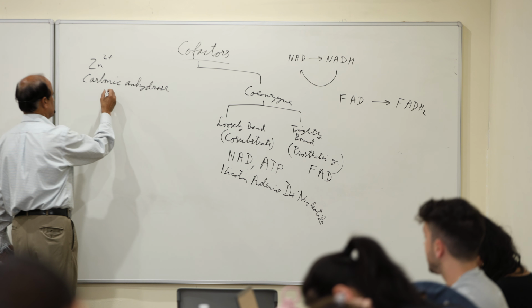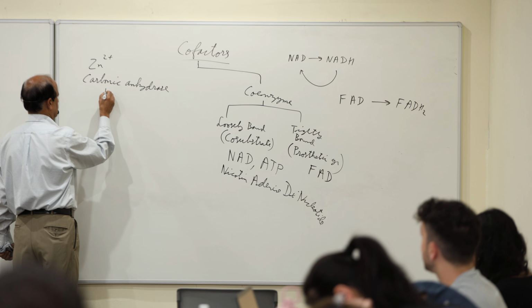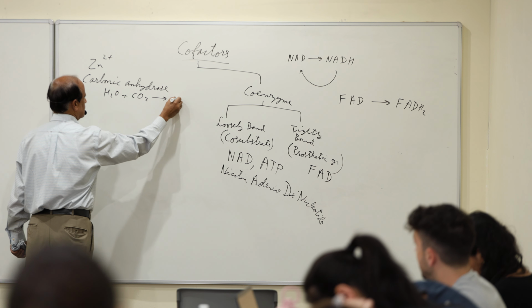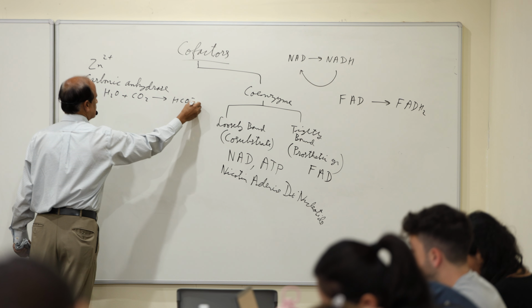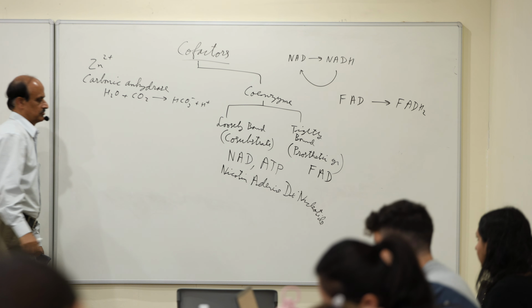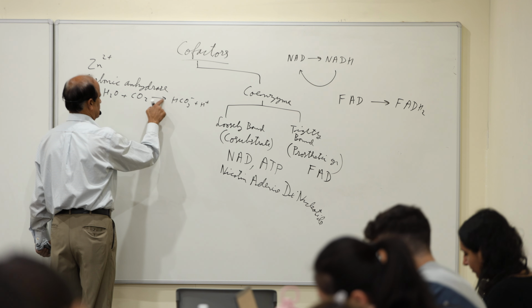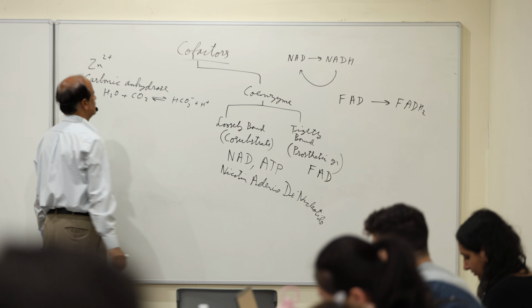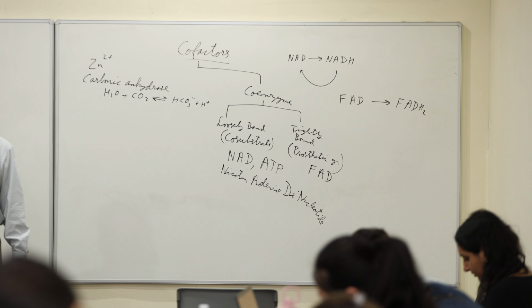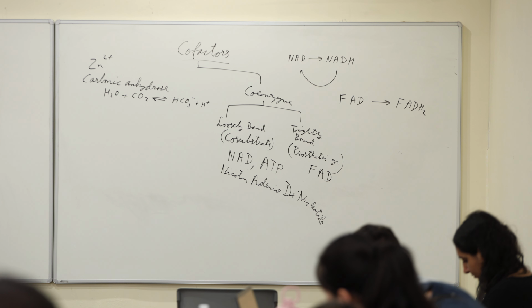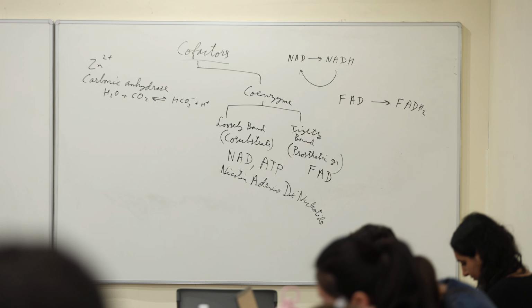So carbonic anhydrase catalyzes the reaction of water and carbon dioxide, so it forms bicarbonate. And carbon dioxide has a low solubility in water, so this is a very slow reaction. That's why you need the enzyme to speed it up, and this enzyme is a very fast enzyme.